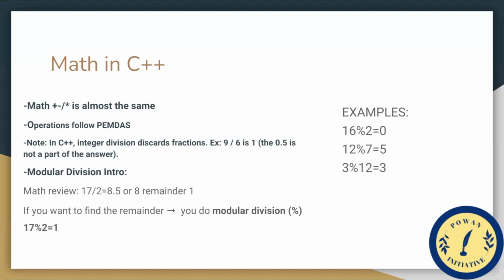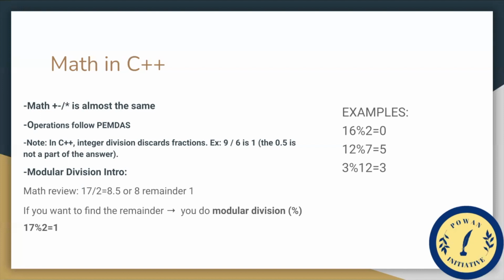But in computer science, especially if you're using ints, integer divisions always discard fractions. So the 0.5 is not a part of the answer. But you might be wondering, what if you want to save the 0.5? Well, you can always use the double data type to do normal division with decimals. So we'll go over all those data types in a bit as well.